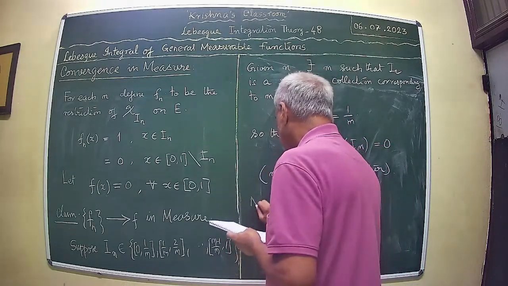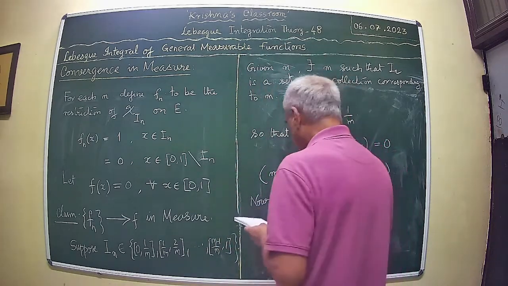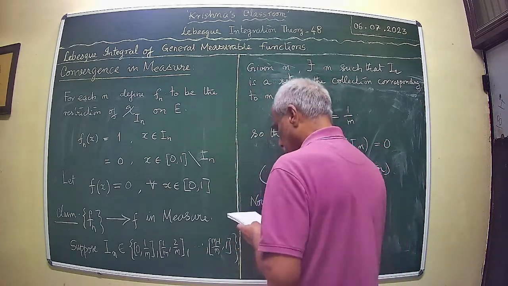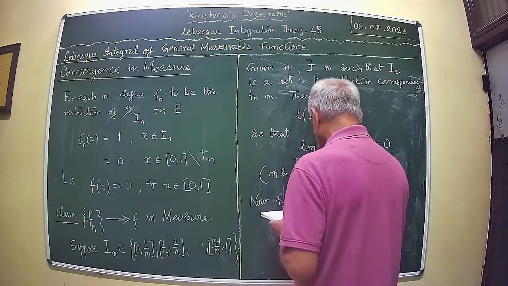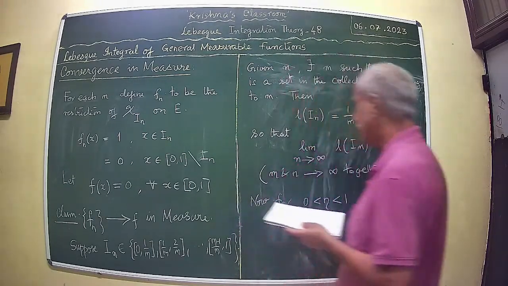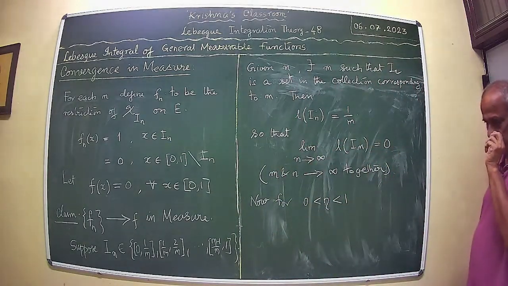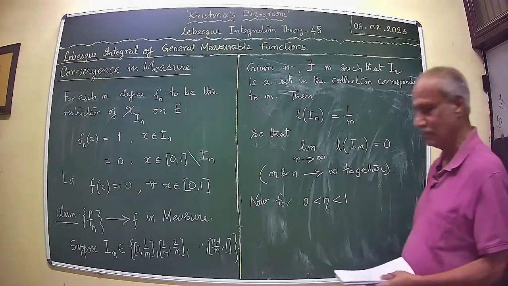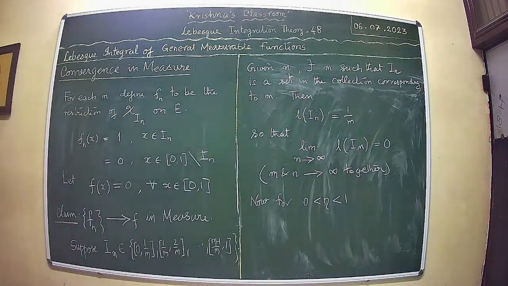Now, we have to choose an eta that lies between 0 and 1, because beyond that is irrelevant. Okay, right? Because all the INs are bound by 1.